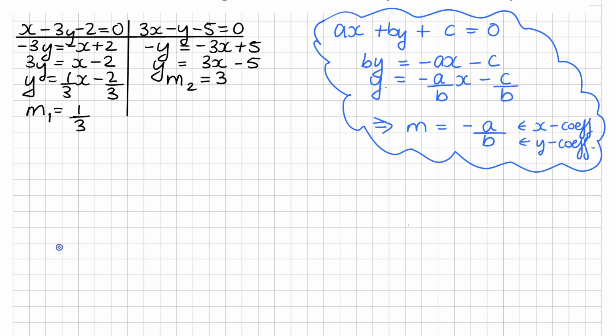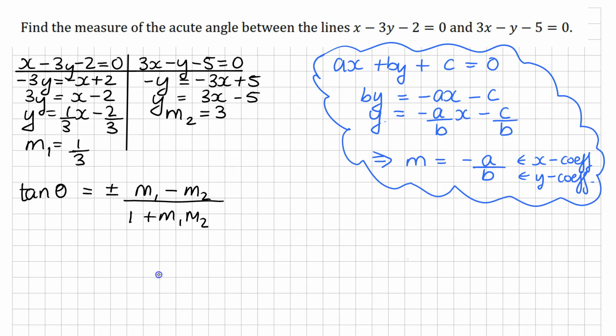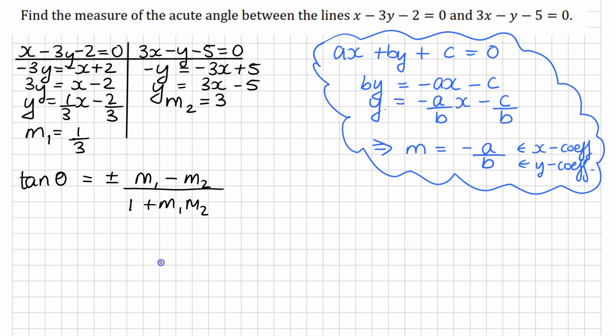And then we know that the tan of my angle, theta, is equal to plus or minus m1 minus m2 over 1 plus m1 m2. Now we're asked here for the acute angle, which means we want the positive angle.